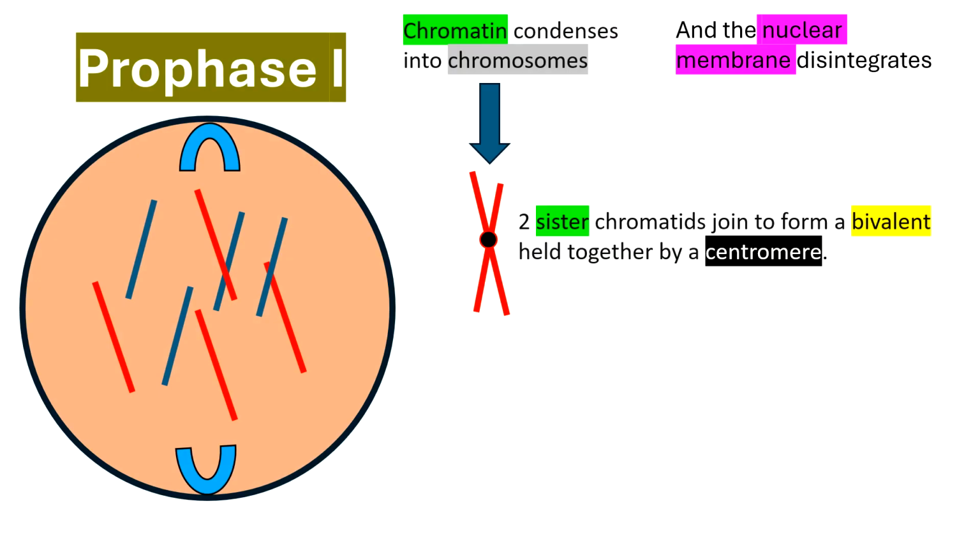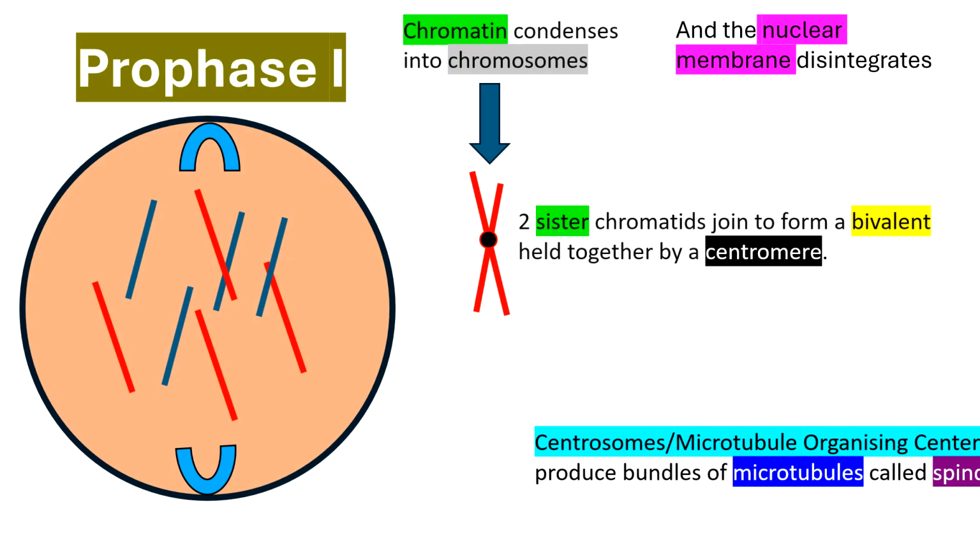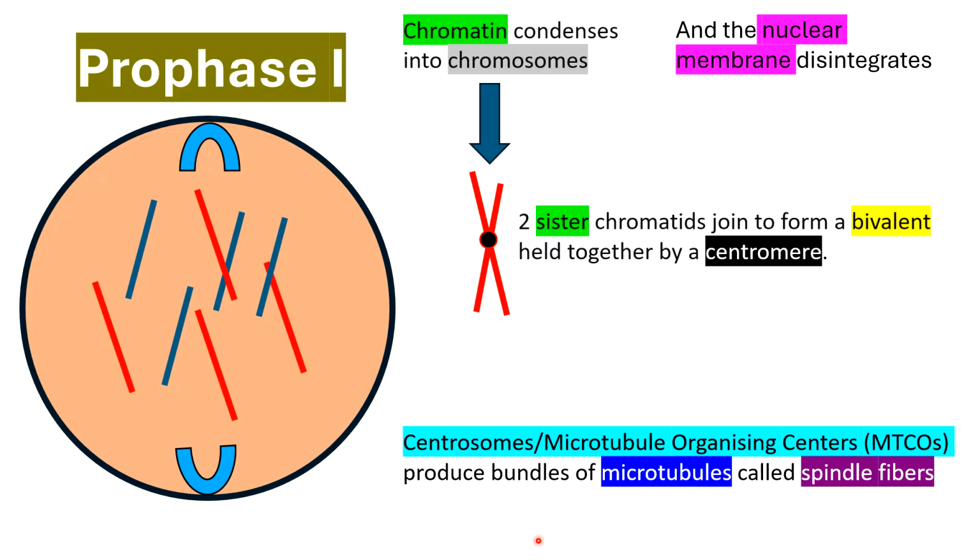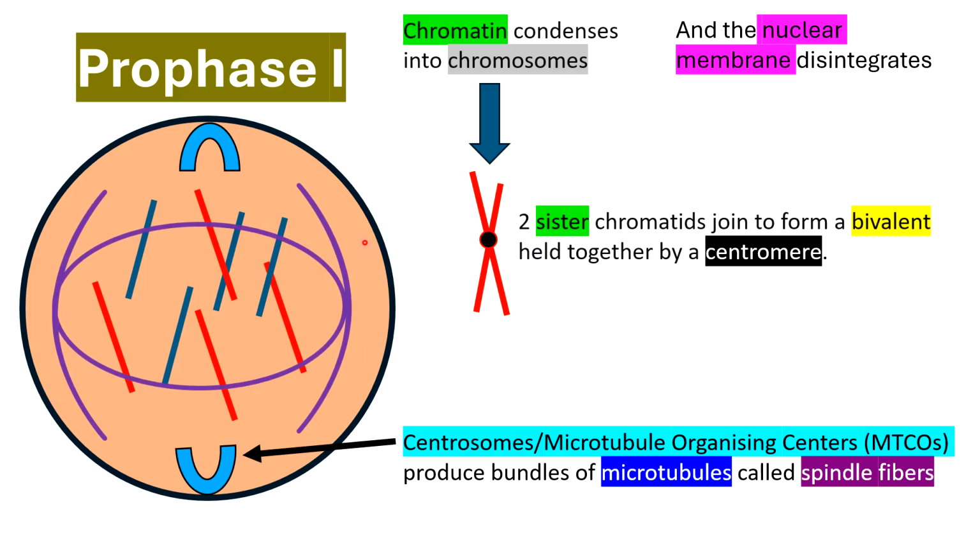Back in prophase 1, we can see that centrosomes, or microtubule organizing centers, produce bundles of microtubules called spindle fibers. These centrosomes, or MTOCs, produce these spindle fibers right here, this purple thing.